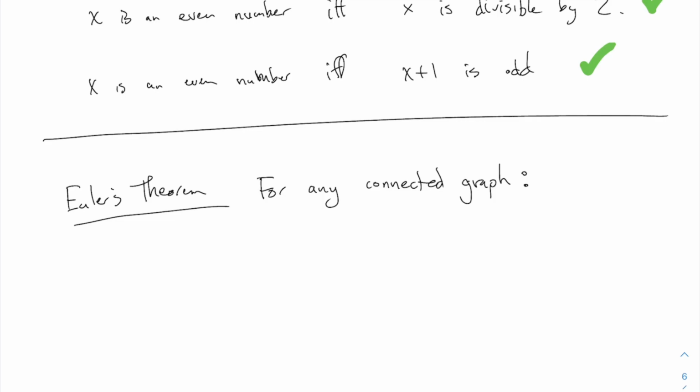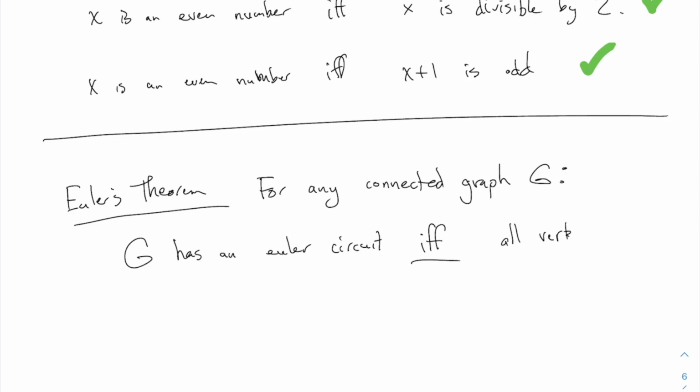So for any connected graph G, let's give it a name. The graph is called G. For any connected graph G, G has an Euler circuit if and only if all vertices have even degree.